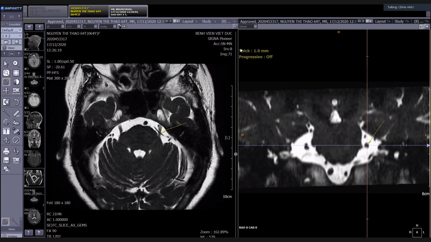The second one is you should do an appropriate protocol, which must comprise at least two sequences, the CISS or the 3D steady state sequence, and the second one is a TOF, right?